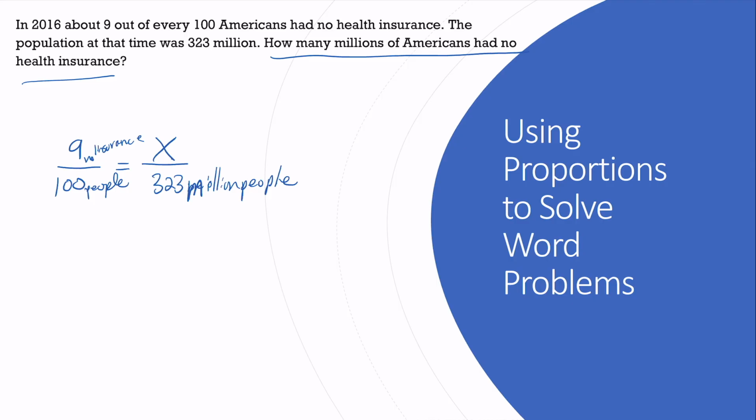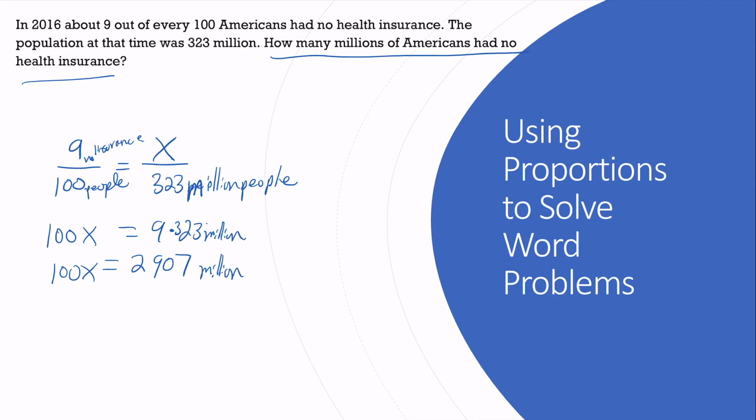Now we cross multiply. I've got 9 times 323 million people and x times 100, so I get 100x, and I would get 100x equals 2,907 million.